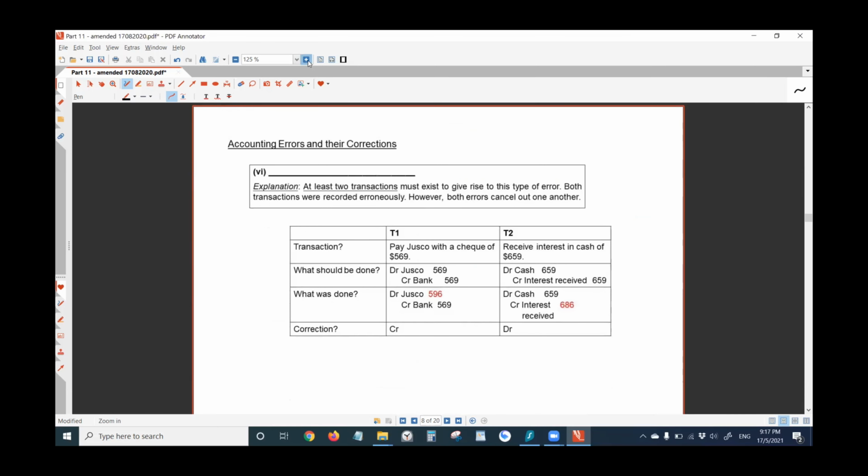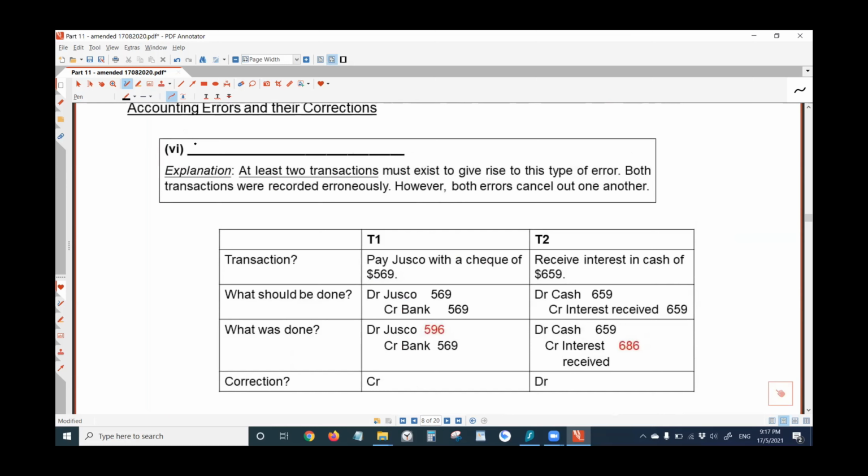Last error. Look at page 181. Here you write, it doesn't start with the word error. For this one, it starts with the word compensating. For all other errors earlier, we start with the word error, right? For this one, it's different. We call it compensating error. Compensating means offsetting one another.